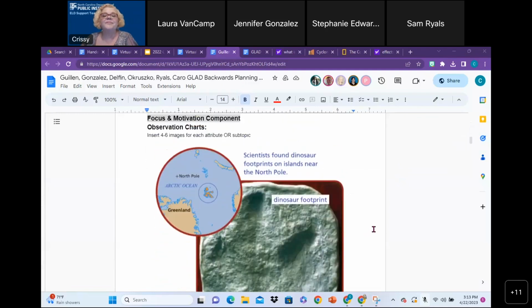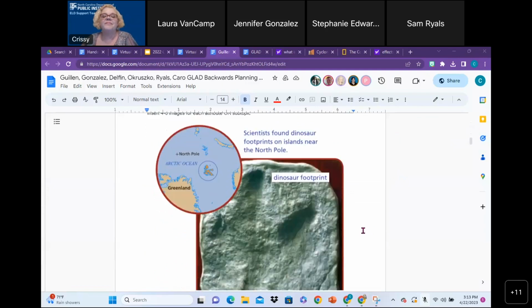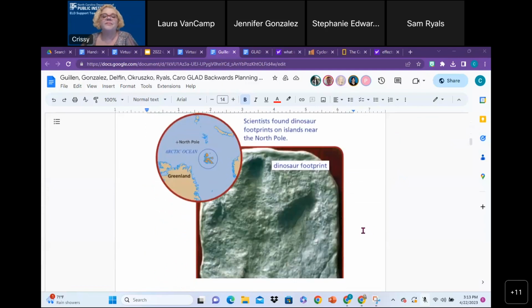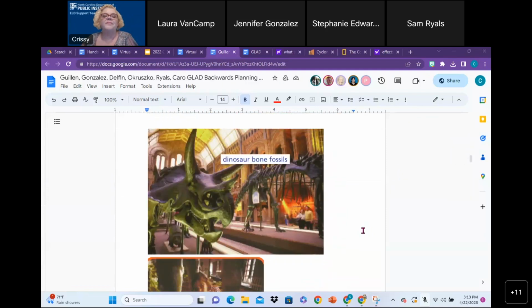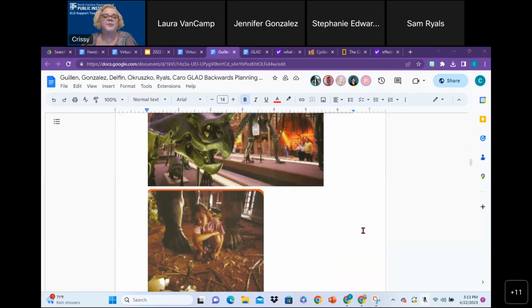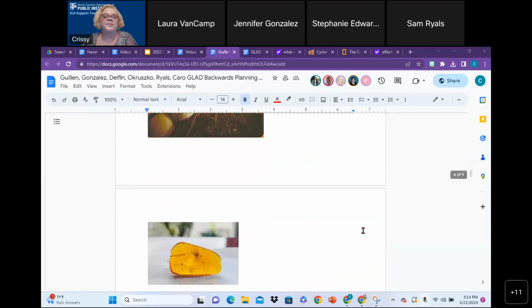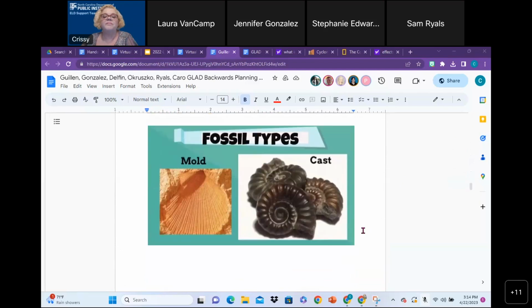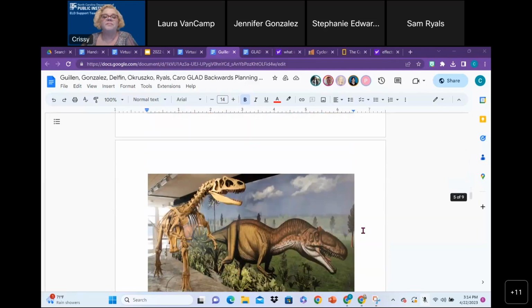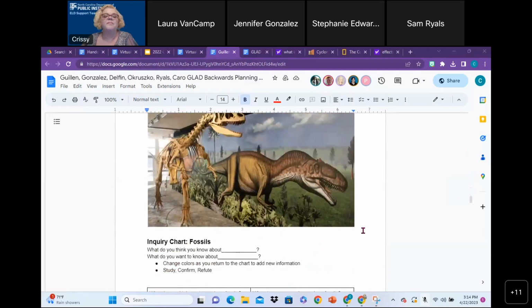So we inserted our images that we had from a reader that we were using, and we've got real life pictures too, as well as some dinosaurs stuck in amber. Many millions, perhaps billions, of years ago, I'm unsure of the exact date.